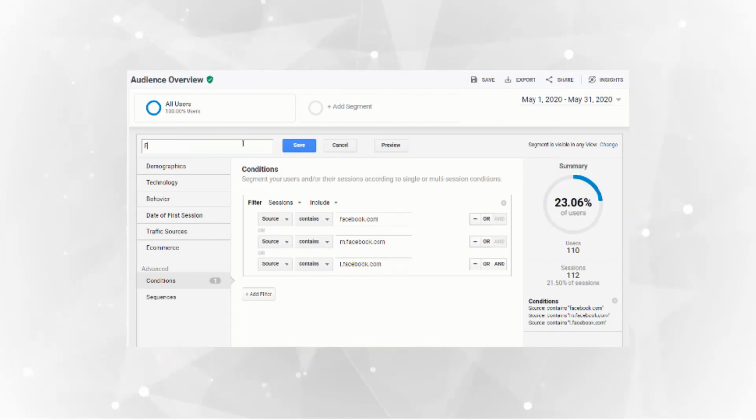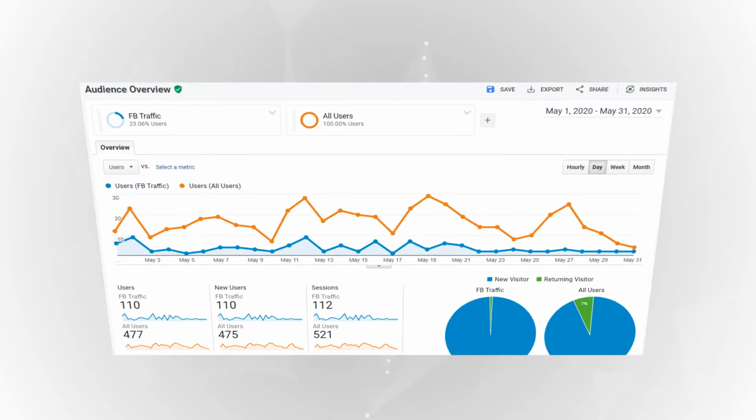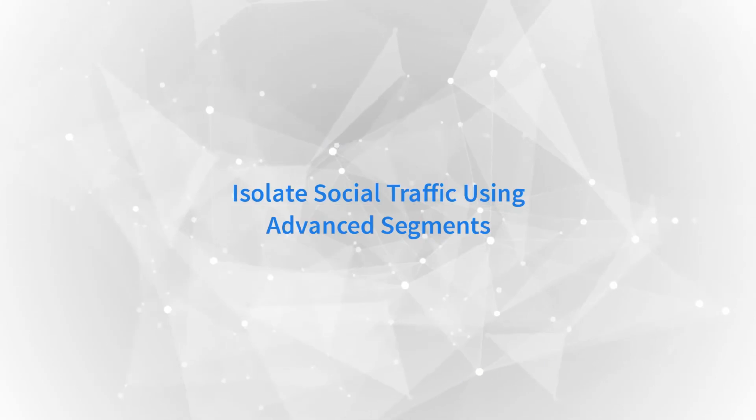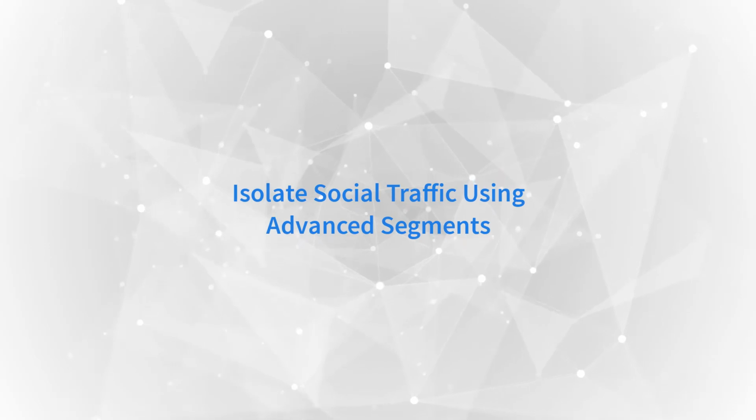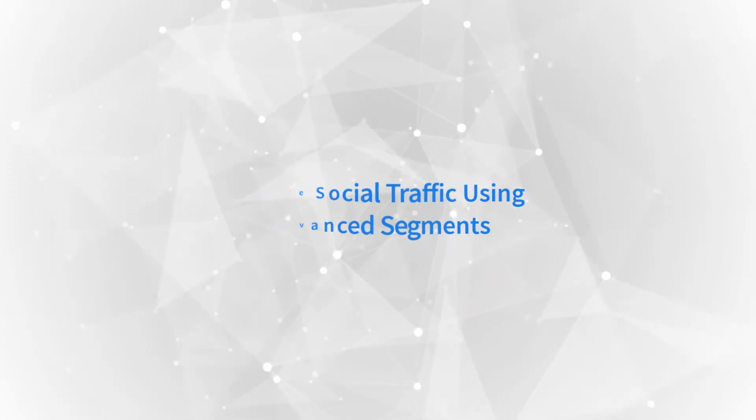So if you'd like to create an advanced segment, click on that and you can follow the steps there. And you can actually create multiple advanced segments and compare the data. So you can create one for each social network you want to monitor, or you can create one and then compare it to the default all users segment. This just makes it really easy to compare your social traffic to your other acquisition sources.